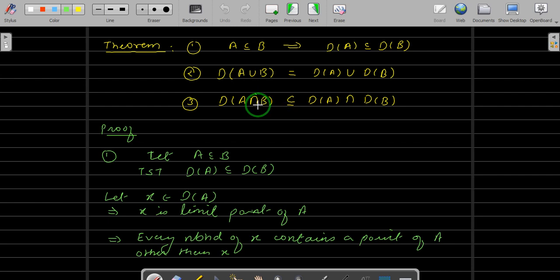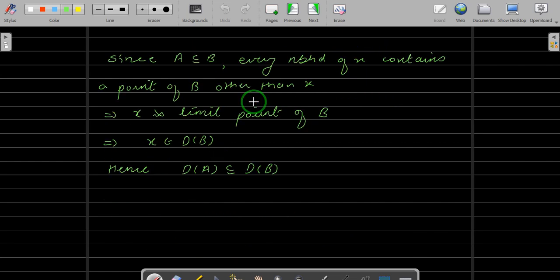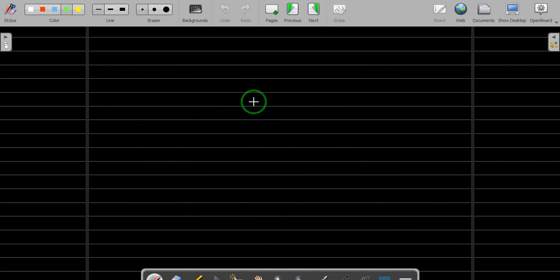Again, as I mentioned in the previous video, you can construct a topological space and take two subsets A and B of it in such a way that this is a proper subset of this, this is equal to this, and this is not a subset of this. But let us prove this third point in short.